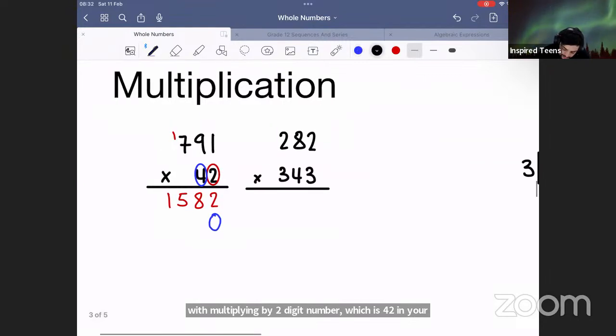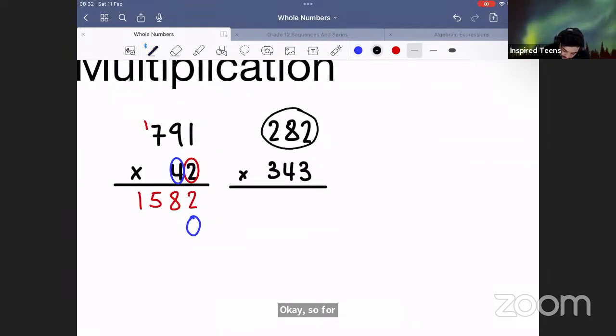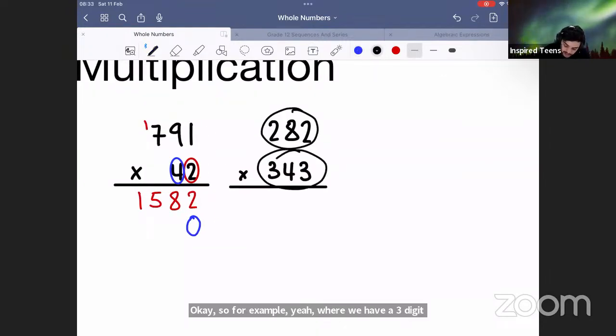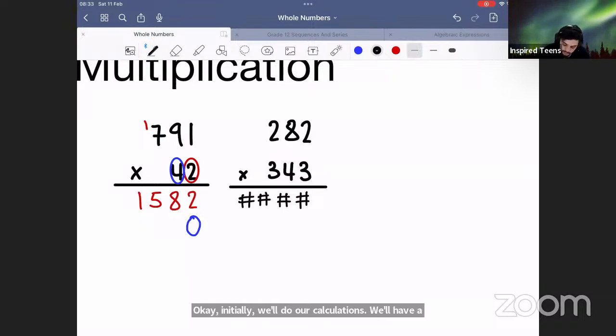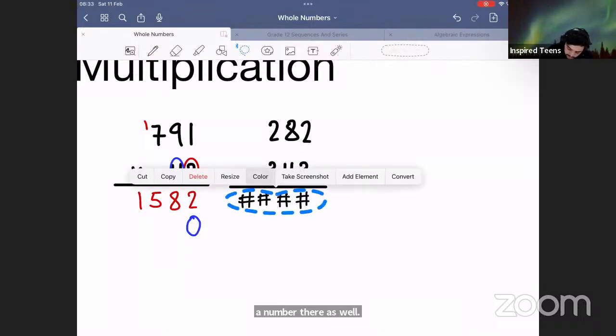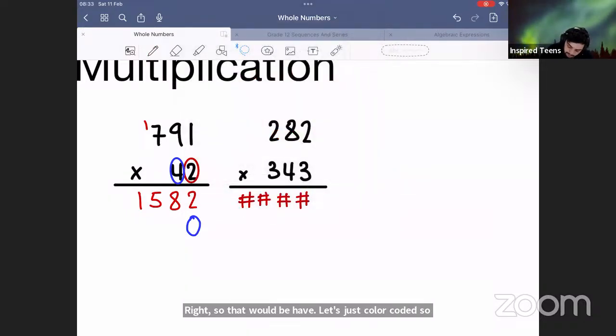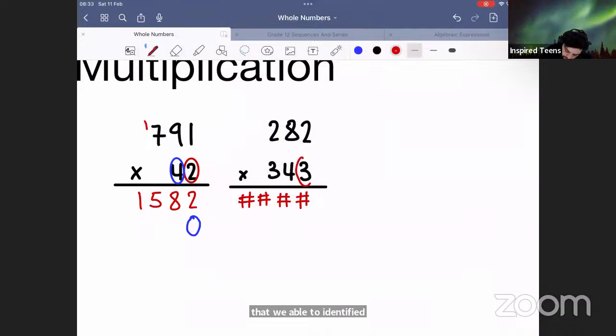Okay. So for example, here where we have a 3-digit number multiplied by a 3-digit number. Okay. Initially, we'll do our calculations. We'll have a number here, a number there, a number there, and maybe a number there as well. Right. So let's just color code it so that we're able to identify it. So that would be for this number 3.